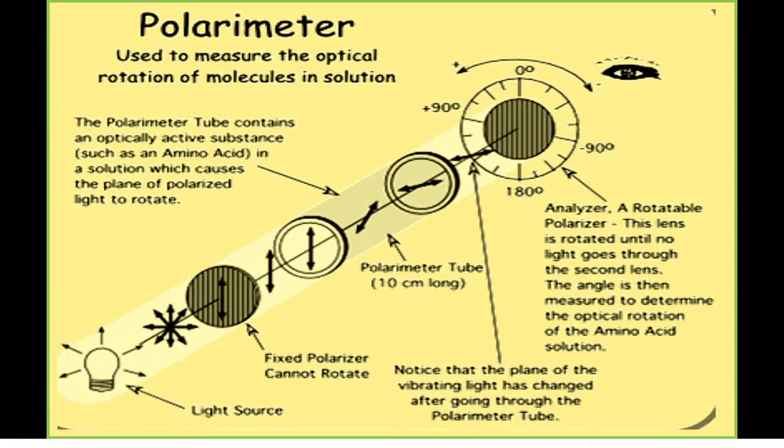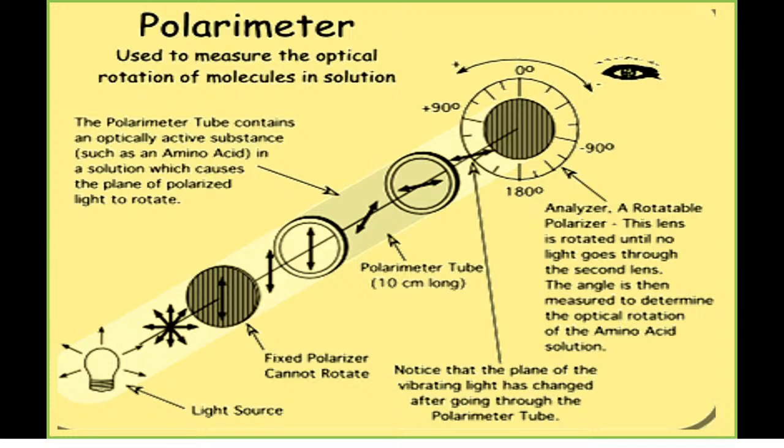the concentration. So the analyzer is a rotatable polarizer. This lens is rotated until no light goes through the second lens. Lens means analyzer. The angle is then measured to determine the optical rotation, for example, as in this case of the amino acid.